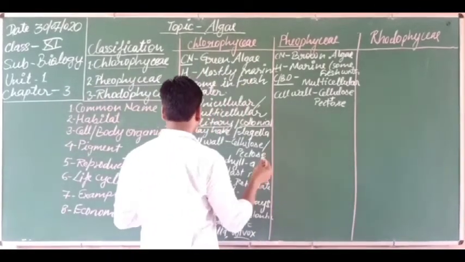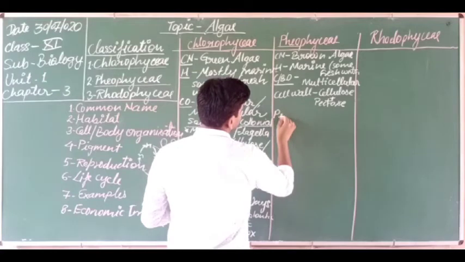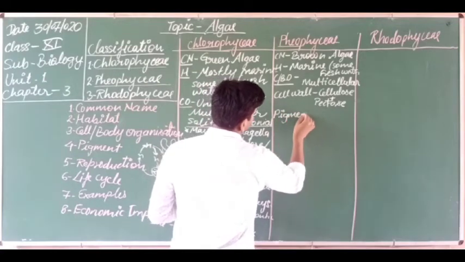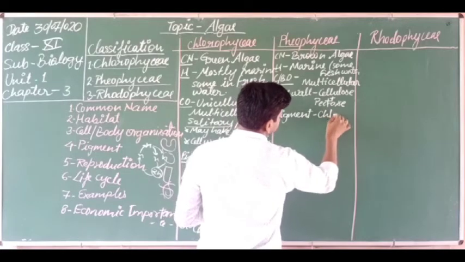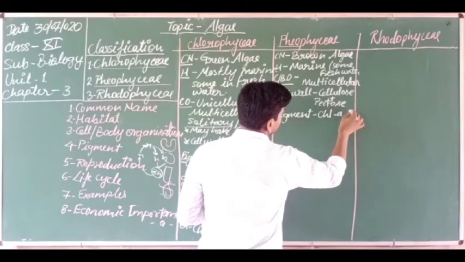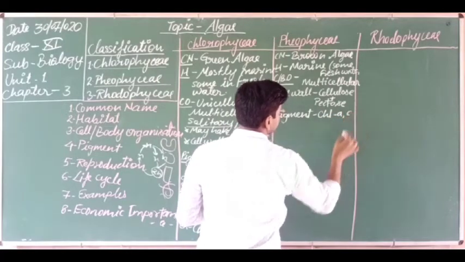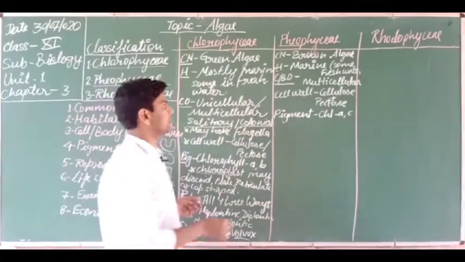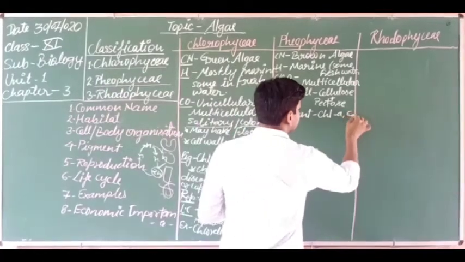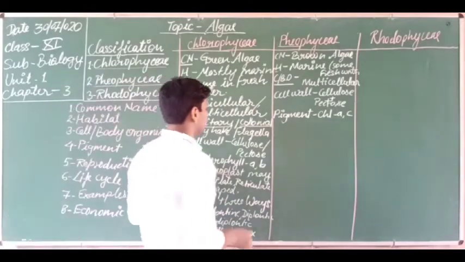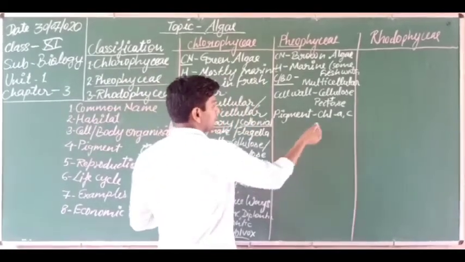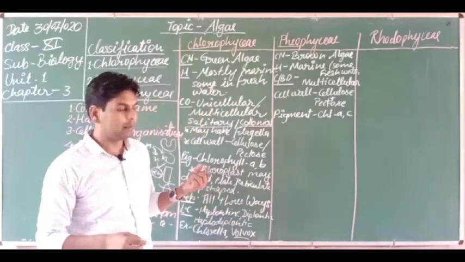Next, let's discuss pigment. Which type of pigment is found? Pigment is chlorophyll a and chlorophyll c. Chlorophyll a and chlorophyll c are found in the members of this category. The chlorophyll a is common.